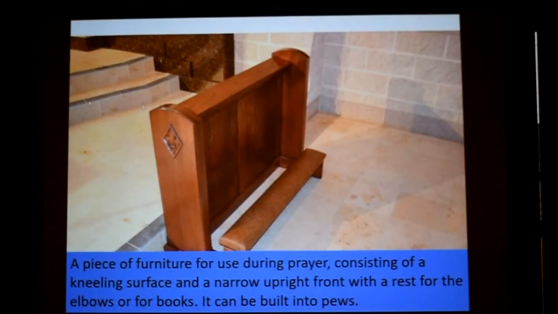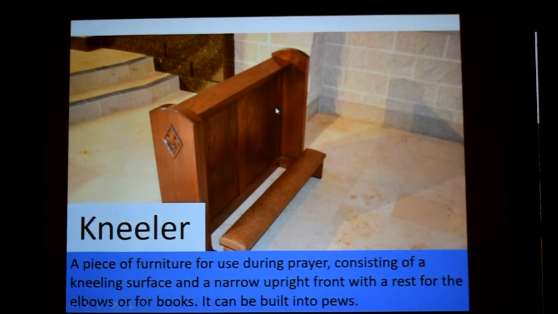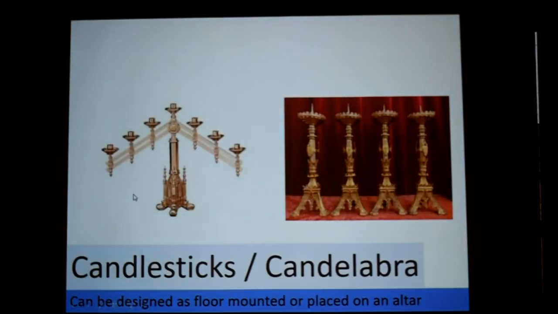A kneeler is pretty straightforward. Obviously, they can be built into pews. Sometimes you'll hear it referred to as a prie-dieu, which is French for, I think, to kneel before God or something like that. Anyways, candlesticks or candelabras. They can be used for different occasions.